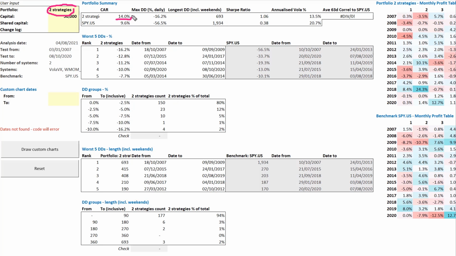The average annual return is at 14%, which is slightly lower than the original 16% of the volatility strategy on its own, but that's only one side of the equation. The other side is the maximum drawdown. The maximum drawdown went down from 31.5% to 16.2%, which is a decrease of just under 49%.